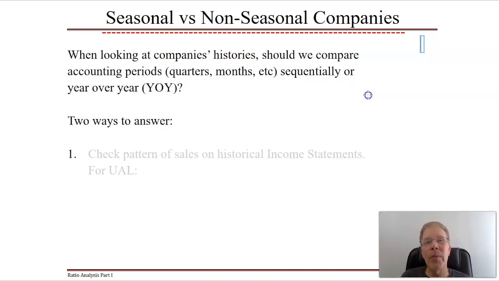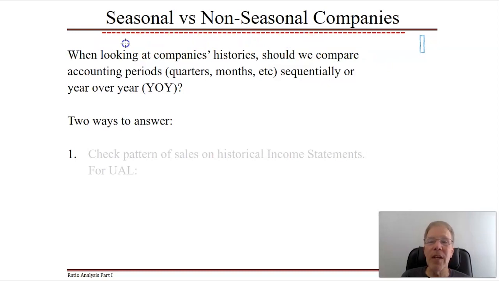So a lot of retail companies are good examples of that. Their peak sales are in the fourth quarter around Hanukkah and Christmas and associated holidays, and they get some big sales in August building up to back to school as well, that type of thing. And in January, February, they typically have a trough in their sales.